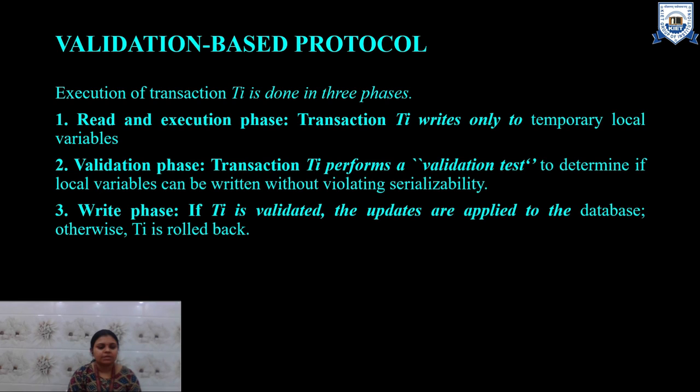The second phase, validation, says that transaction Ti performs a validation test to determine if local variables can be written without violating serializability. And the last phase is the write phase. It says that if the transaction is validated, the updates are applied to the database, otherwise the transaction has to roll back.